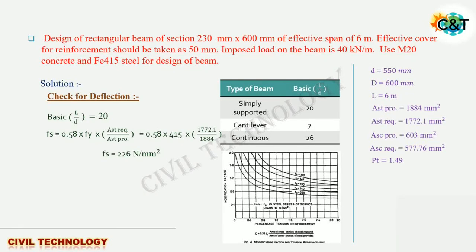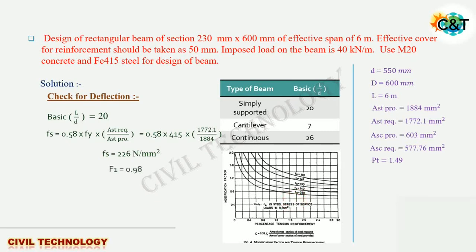And from IS 456, one of the charts that you can see here, using this chart we calculate the F1 factor. To find the Fs curve here, 226 lies in between the 240 and 190 curves, and we require the percentage of tension reinforcement.